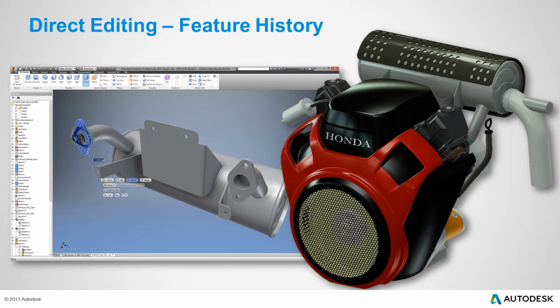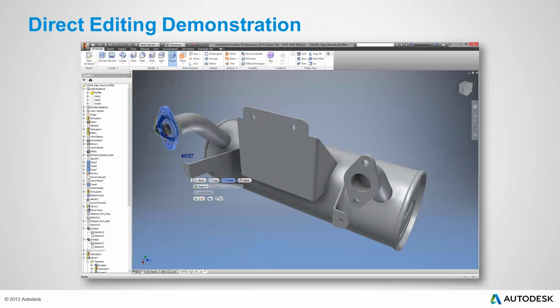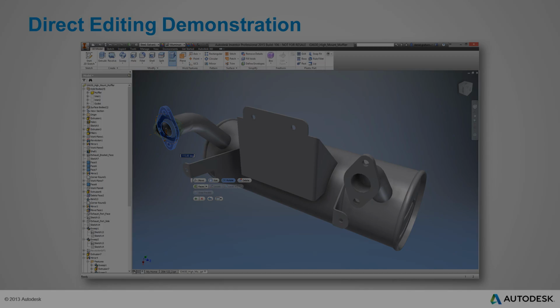Another advantage of utilizing direct editing is how well it integrates with the existing feature history when working on native Inventor components. Each one of the edits made utilizing the direct editing tools is saved in the feature history. And with that, let's go ahead and take a look now at a couple of examples of direct editing.